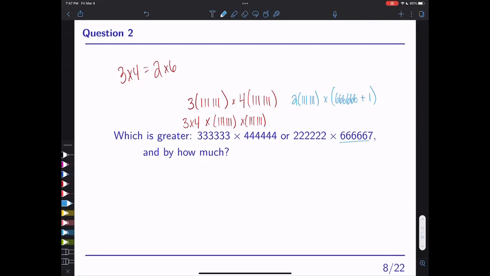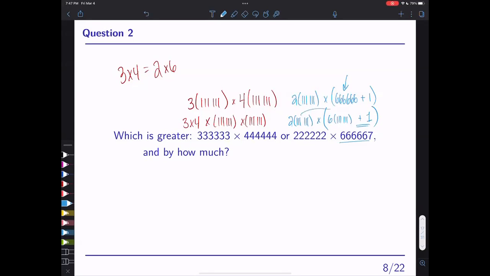Now, if I factor out from here the 2, 1, 1, 1, 1, 1, 1, times big parenthesis 6, small parenthesis, plus 1, we're getting closer. I still can't easily figure out what that 1 is doing. I know it's making it bigger, but by how much?